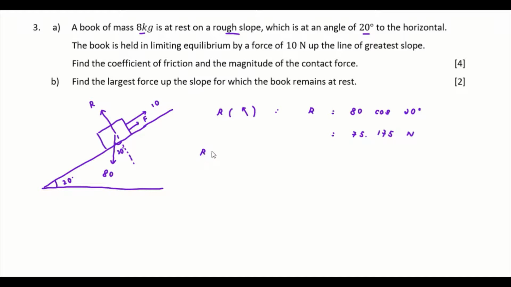Now let's resolve along the plane. Maybe we can do this direction first, which is much more obvious. Then we have mu R, which is mu times 75.175, plus the 10 Newton, and it will be equal to, towards the other side, 80 cos, I'm sorry, that's sine 20 degrees.